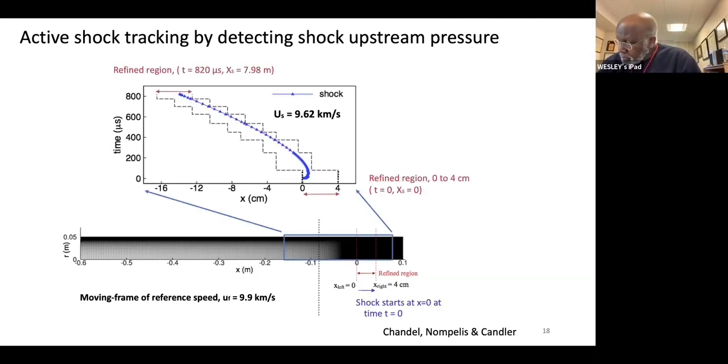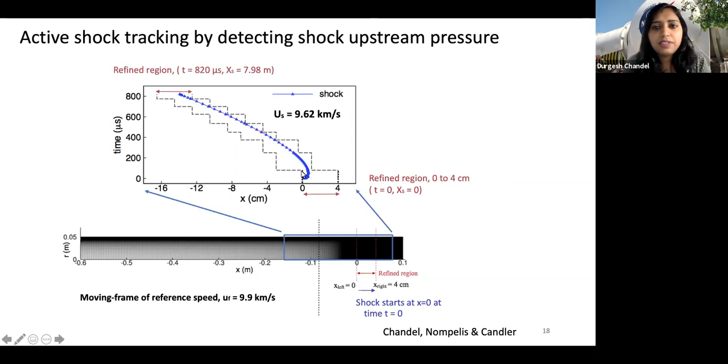At time t equal to 0, these dashed lines show the extent of the refined region. One way we could do these simulations was to heavily refine throughout, which will create problems in terms of computational cost.